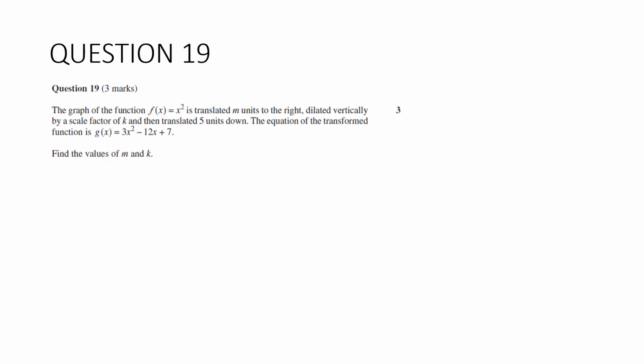Question 19. The graph of the function f of x is equal to x squared is translated m units to the right, dilated vertically by a scale factor of k, and then translated 5 units down. The equation of the transformed function is g of x is equal to 3x squared minus 12x plus 7. Find the values of m and k. Alright, so let's start with f of x and do these transformations.